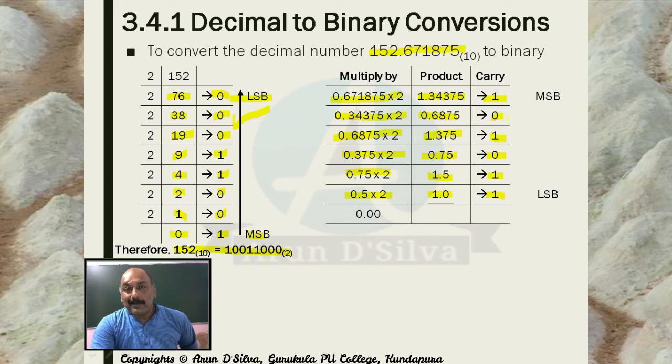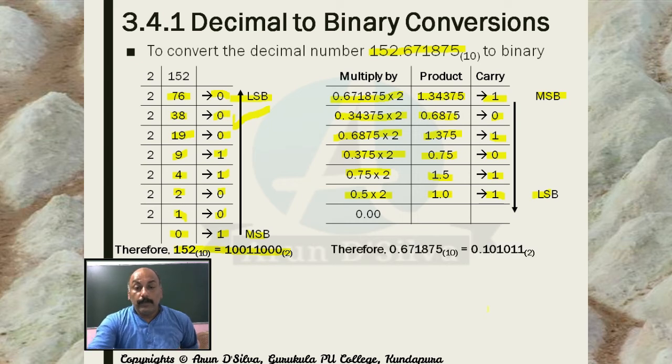So as per the procedure, the first carry I have treated as the MSB and the last carry as the LSB. And we read this from up to downwards. So according to that, we get the result: 0.671875, which is in decimal, has the binary equivalent 0.101011.